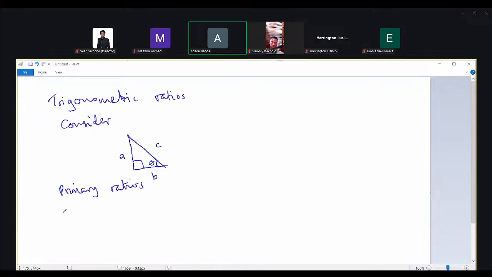The first is the sine ratio. So sine theta, all of you know that this is the opposite over the hypotenuse.